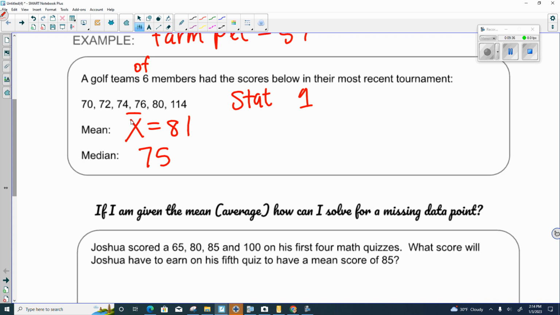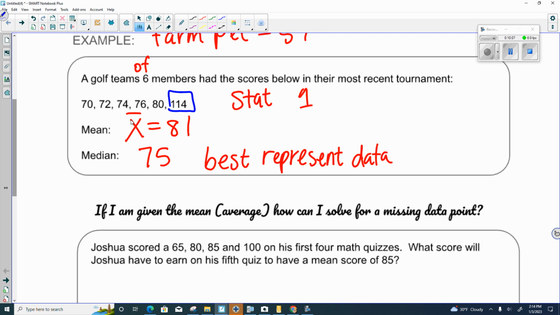Looking at these scores, Sawyer, I'm going to pick on you. Which one of these is going to best represent the data? The median. Why? The 75 best represents the data because there's an outlier, right?